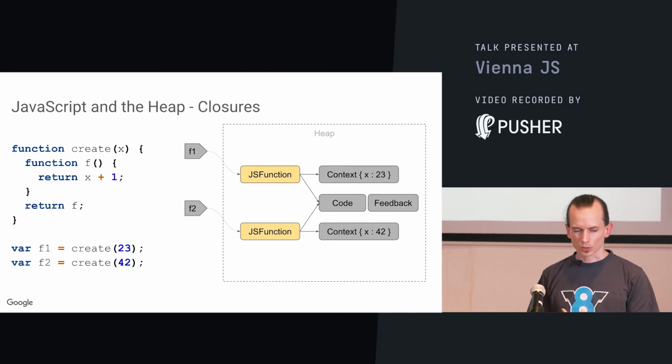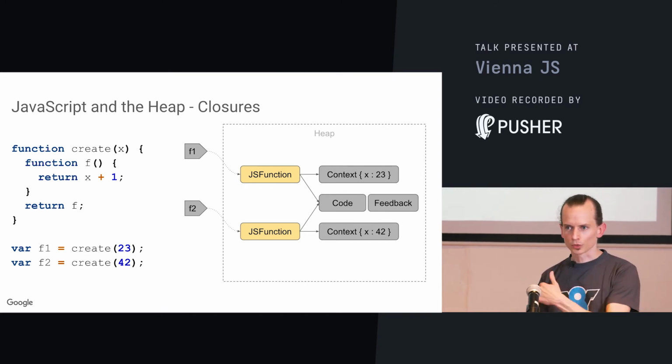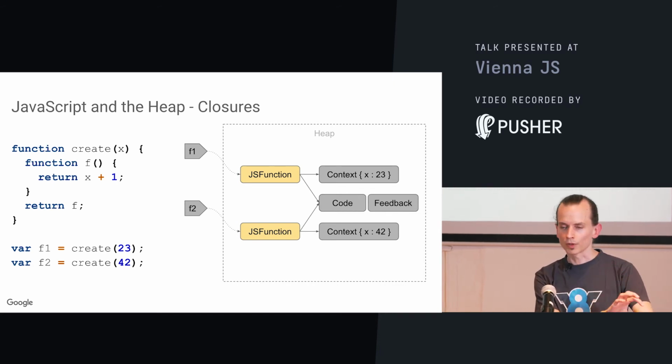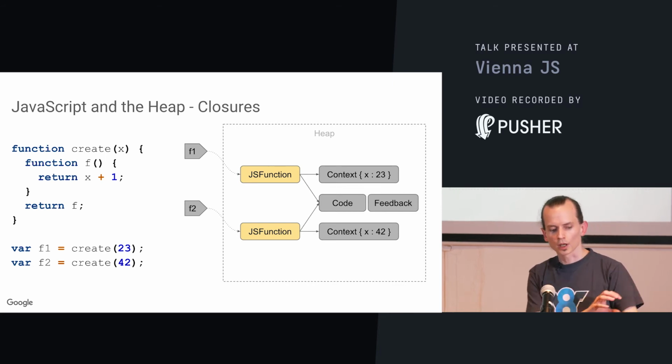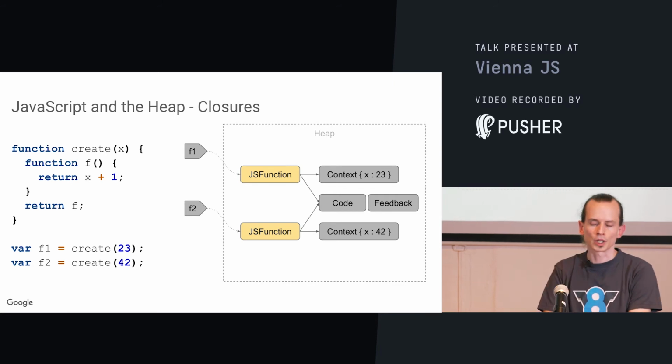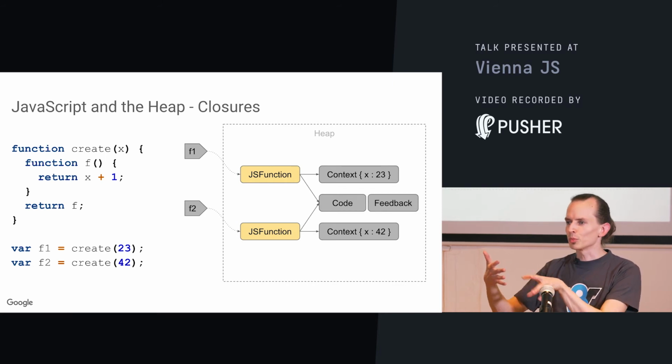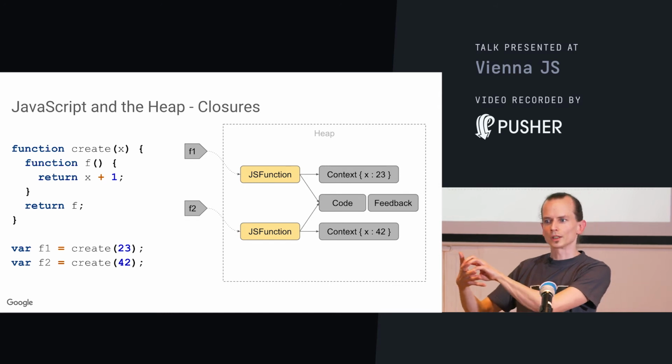So why am I talking so much about closures when we actually want to go to generators? The reason for that is that this scheme where we store variables on the heap is actually pretty useful when we talk about generators, because generators are functions that can be suspended mid-execution. If you yield inside a generator, it kind of returns, but remembers its execution state.